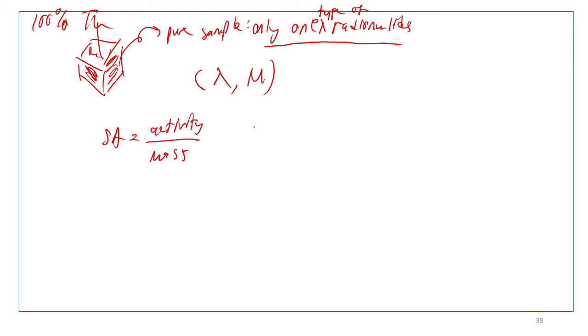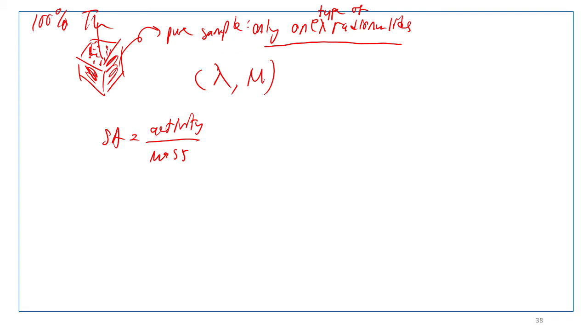So how could this be simplified? In this case, all nuclei are thorium.